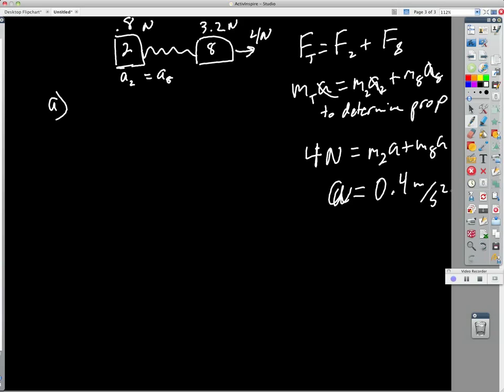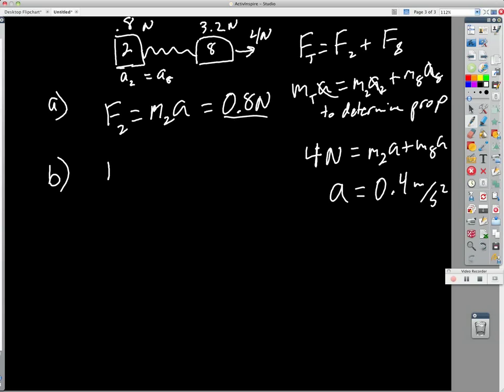All right, the next part is B. Calculate the extension of the spring. Okay, so you know that if everything's stable, if we draw our force diagrams, something like this, then the sum of the forces on 2 is going to equal m2 times the acceleration, right?